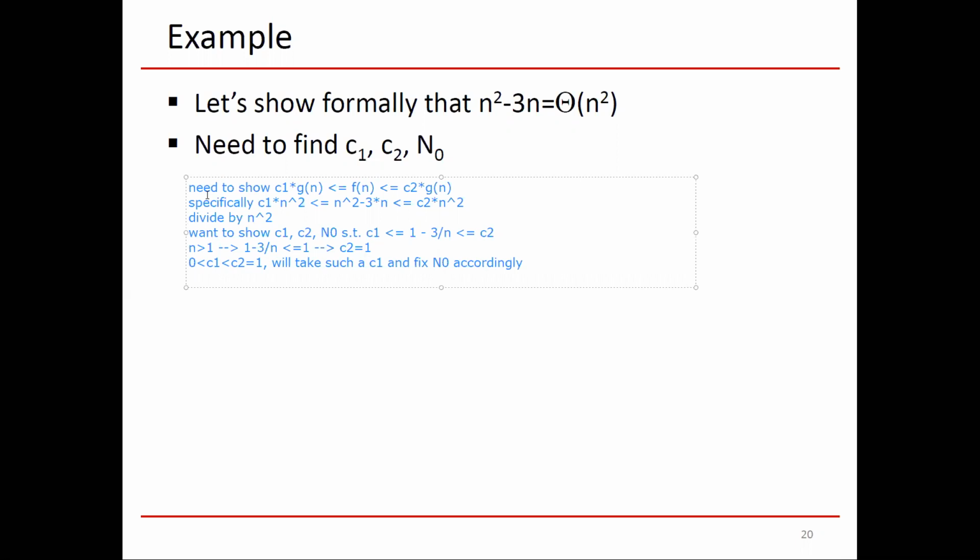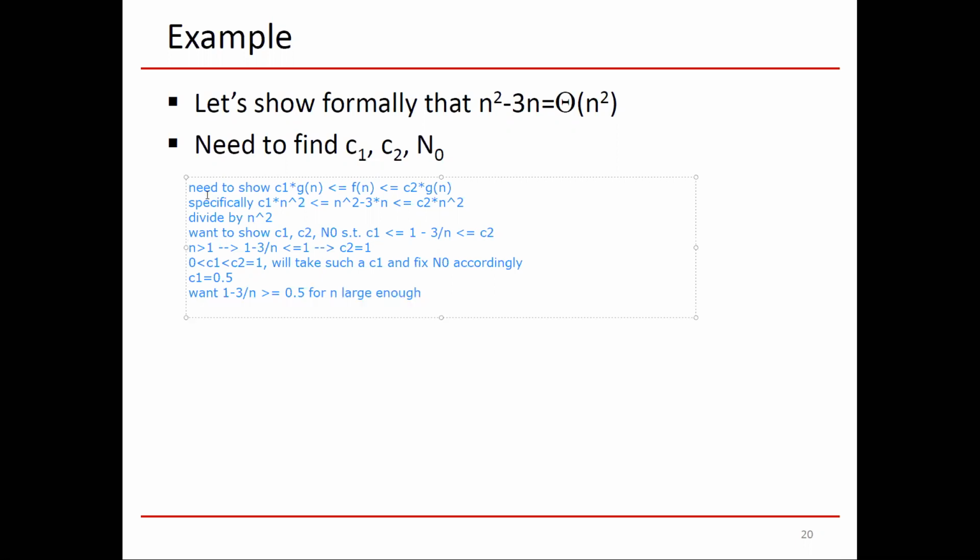As an example, let's take C1 equals half, just halfway between 0 and 1. So we want that 1 minus 3 over n is greater than or equal to half for n large enough.